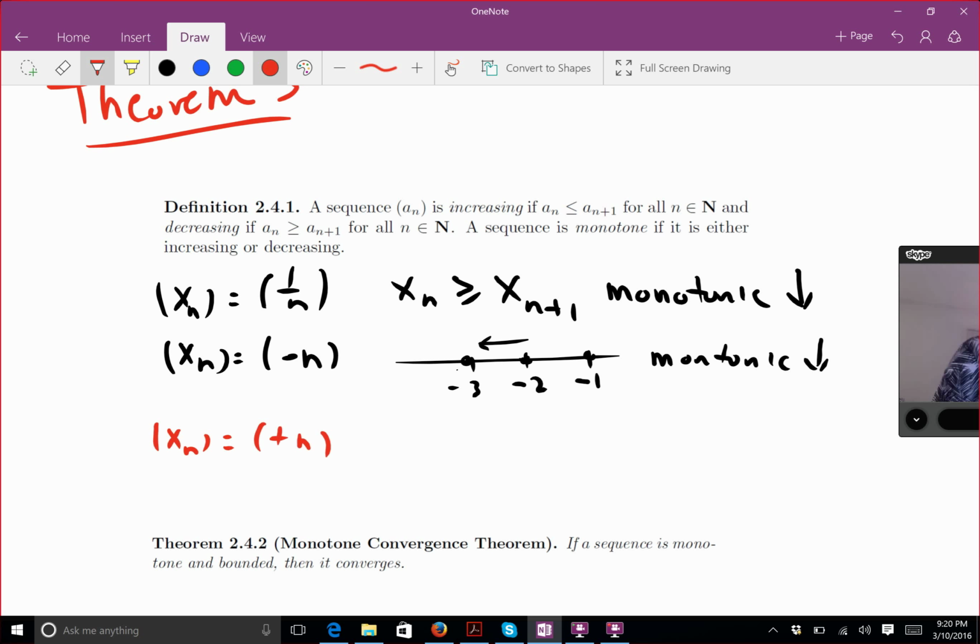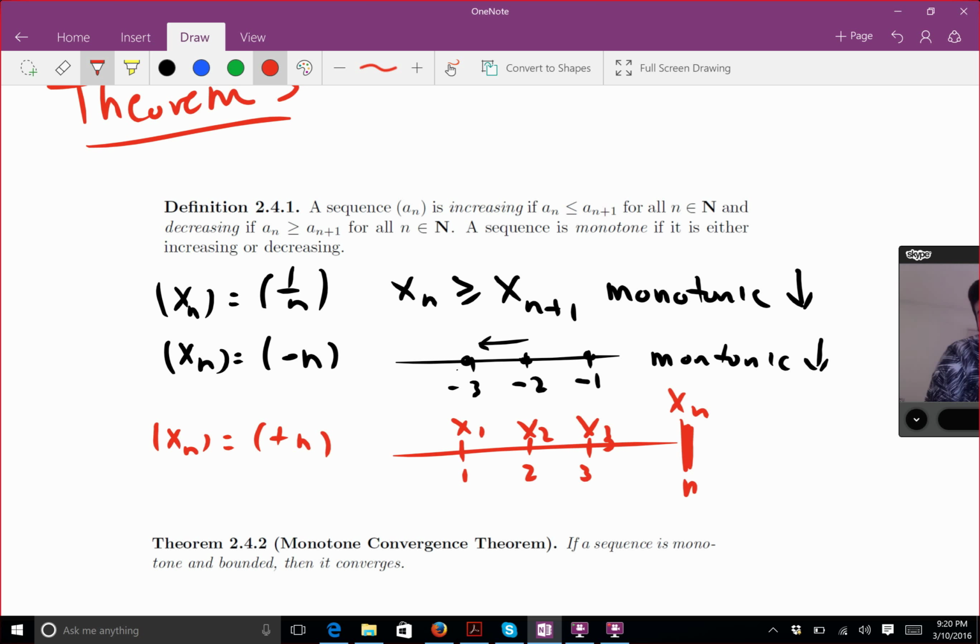Let's just take a look at where these guys are. So 1 is x sub 1, 2 is x sub 2, 3 is x sub 3. And so what this means is if you pick any guy in here, x sub n, the ones after it would be greater than x sub n.